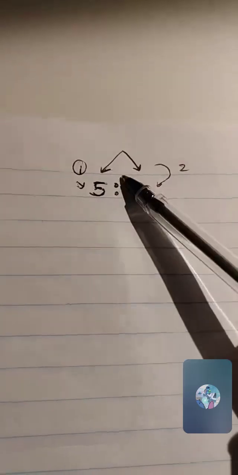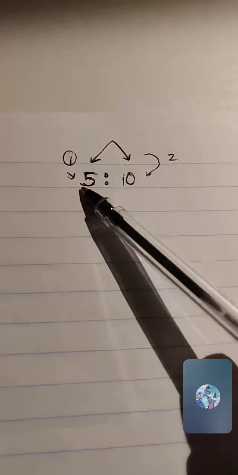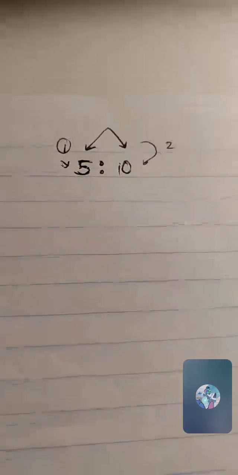So to attend to this so that you can understand it a bit better: 5 is to 10. Do you know what the highest common factor is between 5 and 10? Isn't it 10? No, it isn't.